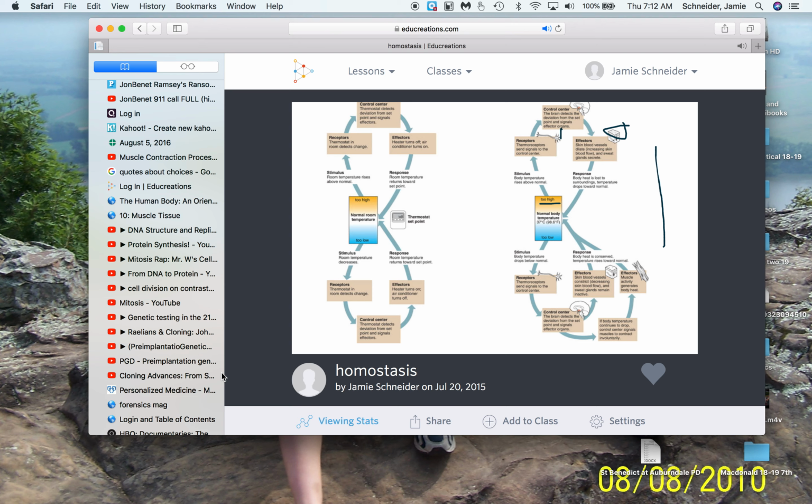Now, on the reverse side, if my body temperature goes too low, again, the receptors send it to the control center, again in the hypothalamus, and that's going to do two things. Number one, my blood vessels are going to constrict so that I maintain the blood volume to my organs, and then the effectors are going to make me shiver, which uses energy, or I should say expels energy in the form of heat and heats up my body.